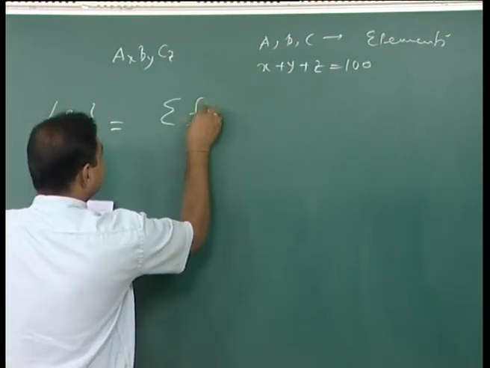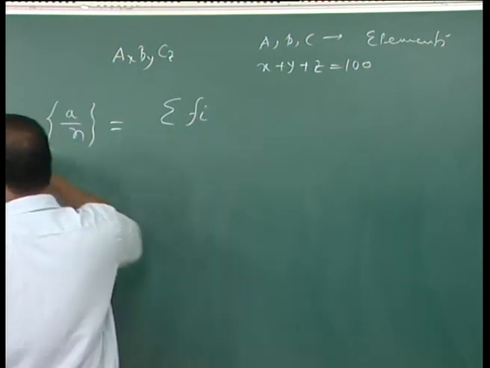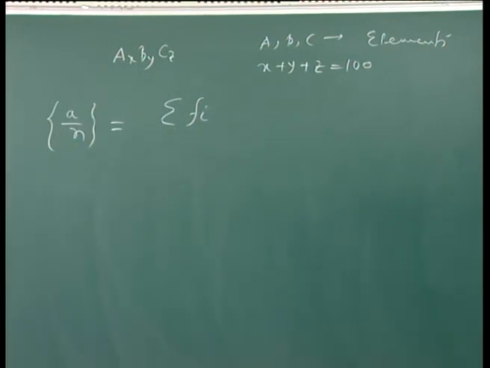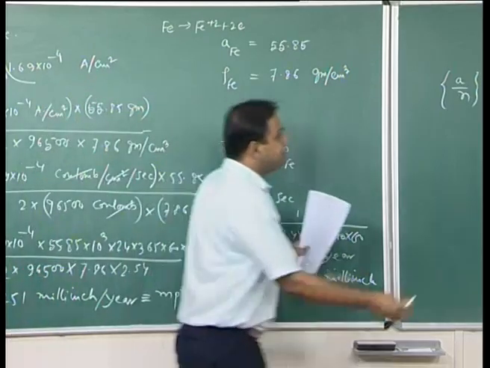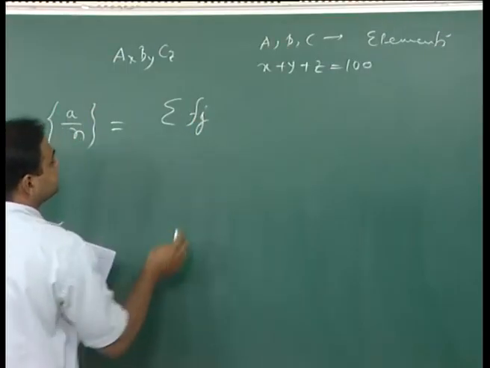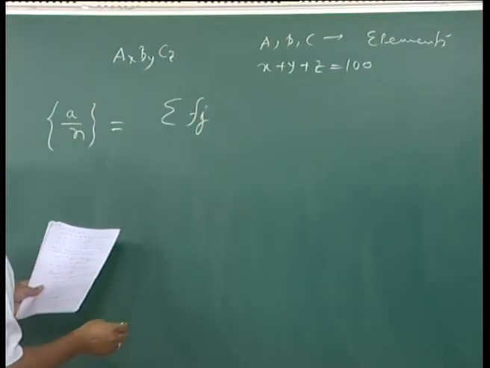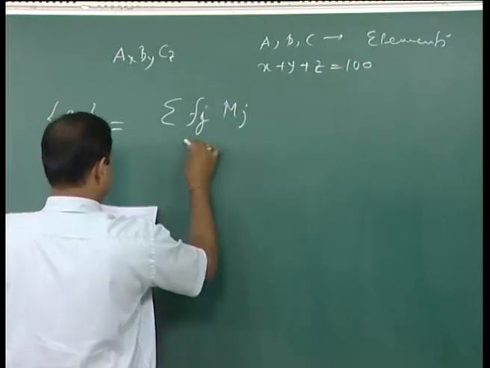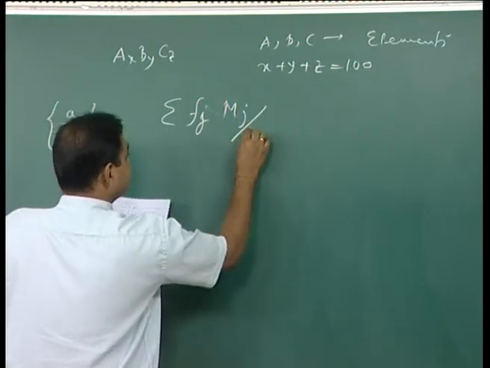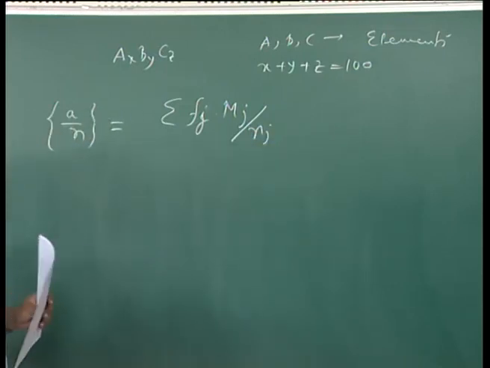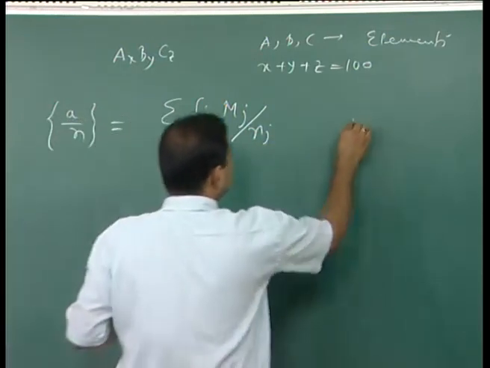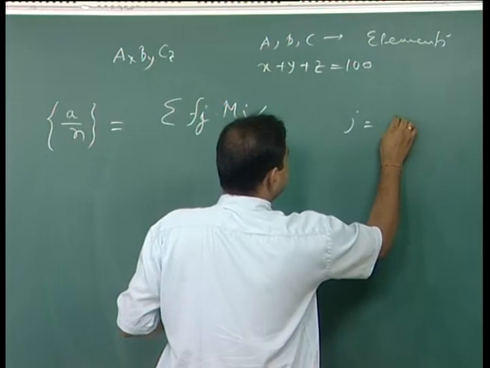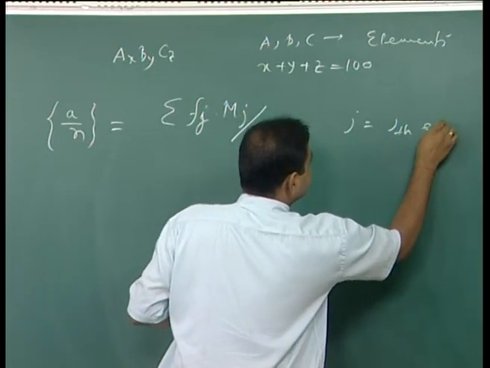Since we have considered current density, let me put J in order to have different notation: F_j into M_j divided by N_j. Now, j is nothing but the jth element.